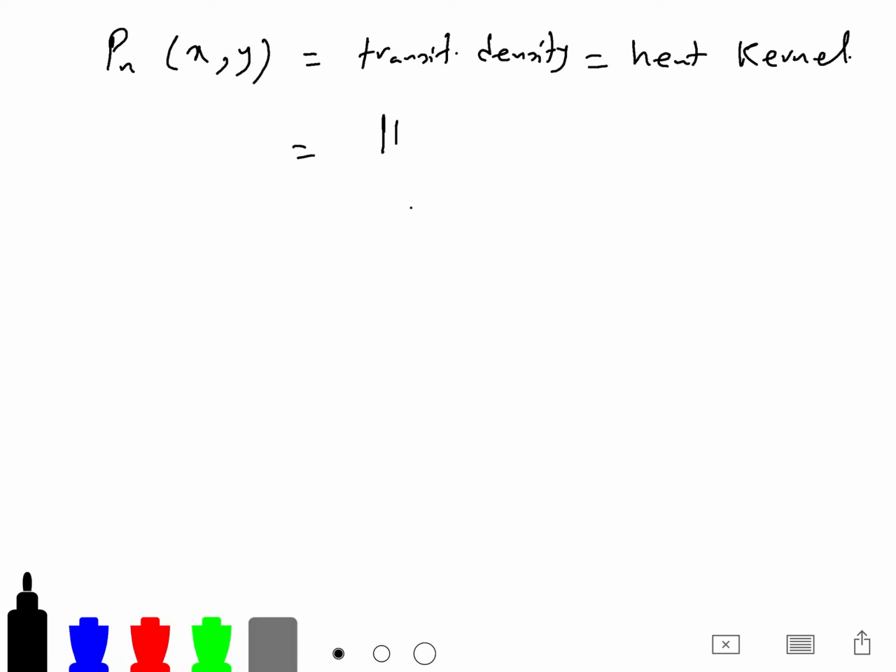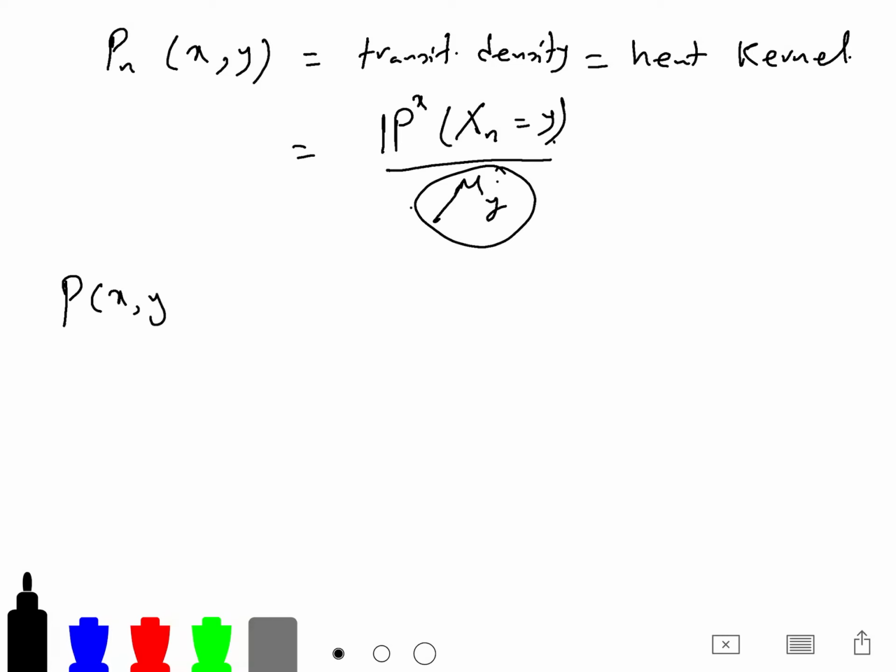And what is that? It's just the law that you start from x, after n time steps, you hit y, but it is just normalized by mu of y. Because of this, they call it transition density.